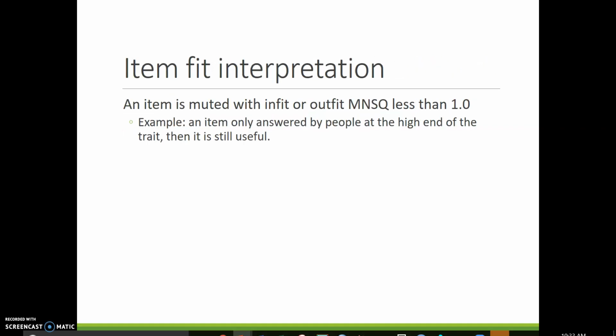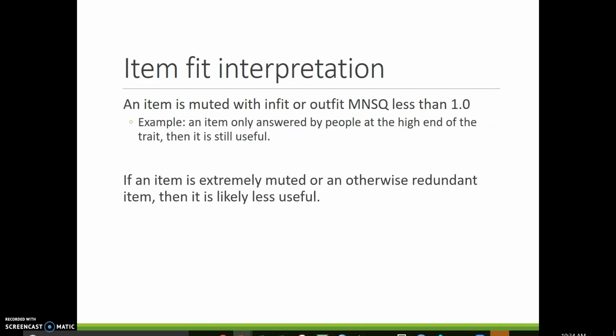If an item is muted, so the mean squares are less than 1, it's still really useful. It's usually because the item is only answered by people at the high end of the trait, meaning they have the most ability and they're the only ones answering that, so it's just muted. That one I'm cool with.